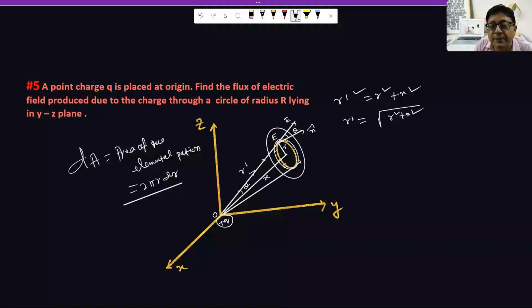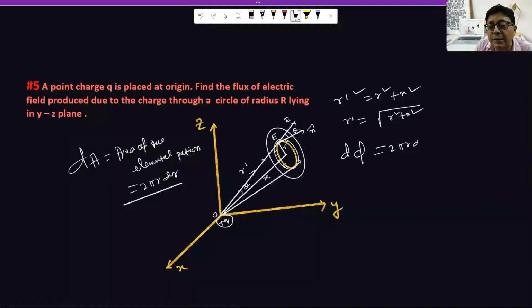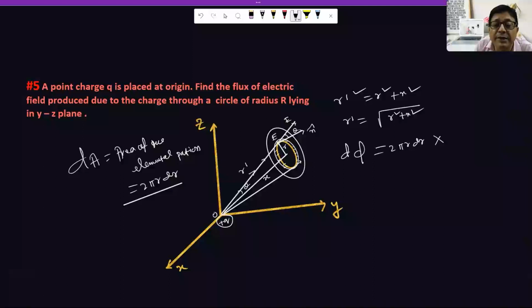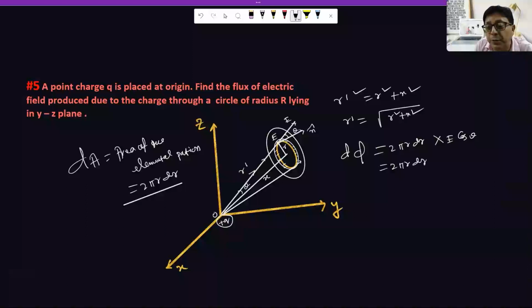So d phi, flux passing through this elemental portion, will be equal to area, that 2 pi r dr, into the component of electric field vector along the unit normal, which is E cos theta. So just substitute the value. It will be 2 pi r dr into E.